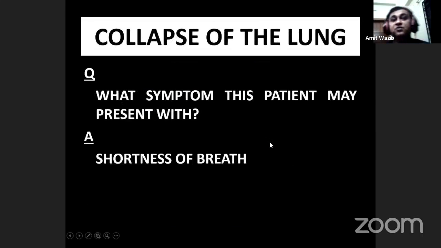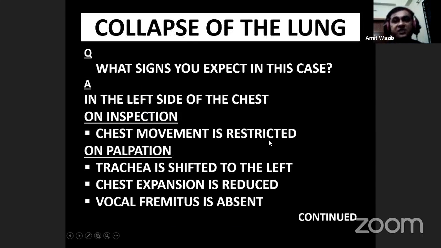So you may also be asked what signs you expect in collapse. In fact, the signs of collapse are the same as the signs of pleural effusion, except that in pleural effusion the trachea is either central or pushed towards the opposite side. But in collapse, as it draws everything towards it, the trachea will be shifted to the side of the lesion.